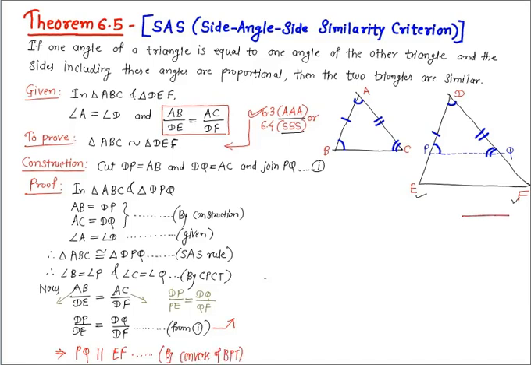Now, since PQ is parallel to EF, and if suppose this is a transversal, then these will be the corresponding angles, right? And these will be equal by corresponding angles. So in triangle DEF, we can write by corresponding angles, angle P is equal to angle E and angle Q is equal to angle F by corresponding angles.